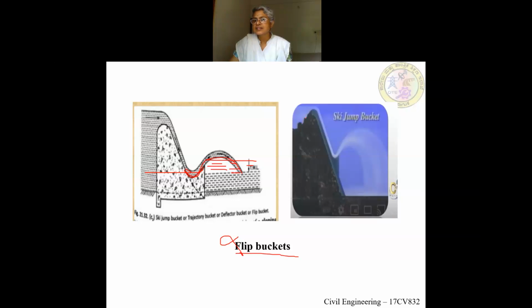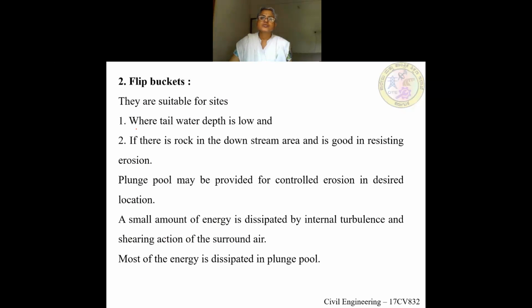So you can see here the water which is flowing down from the upstream side, because of the bucket here, a hydraulic jump is created and the tailwater level is much below here. So energy gets dissipated here. You can see it is suitable for sites where tailwater depth is low, and if there is rock in the downstream area which is good in resisting the erosion, it will directly fall into the tailwater.